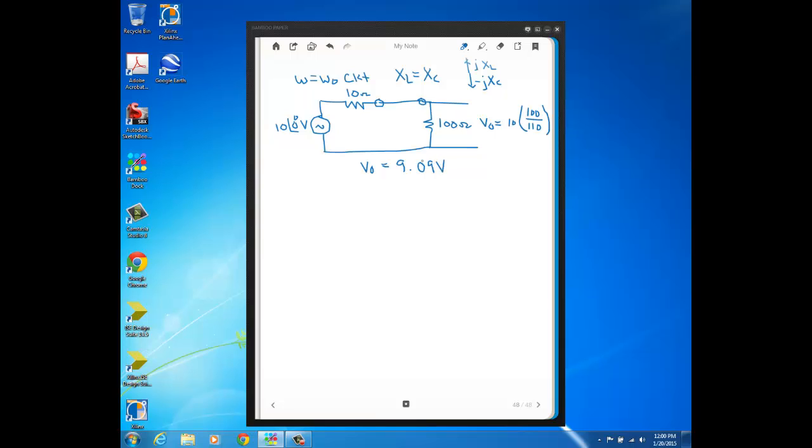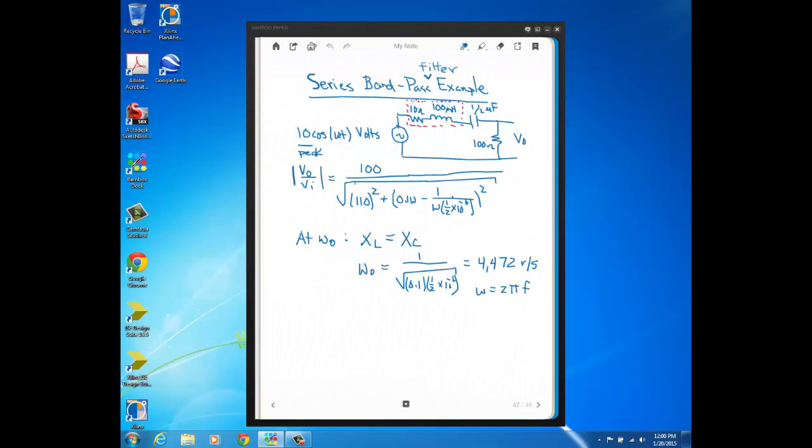Okay, and that's the same as what we would get with the frequency response equation here. If we cancel out XL and XC, we'd get 100 over the square root of 110 squared, which is 100 divided by 110.